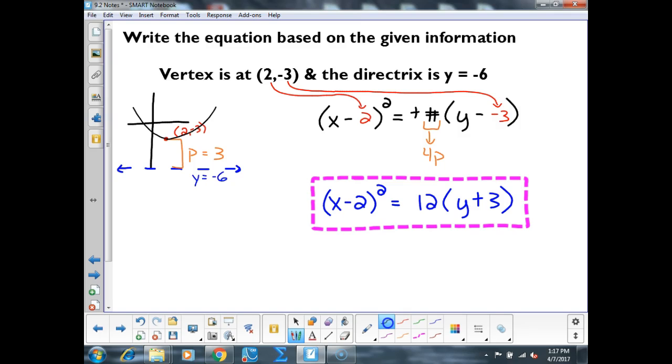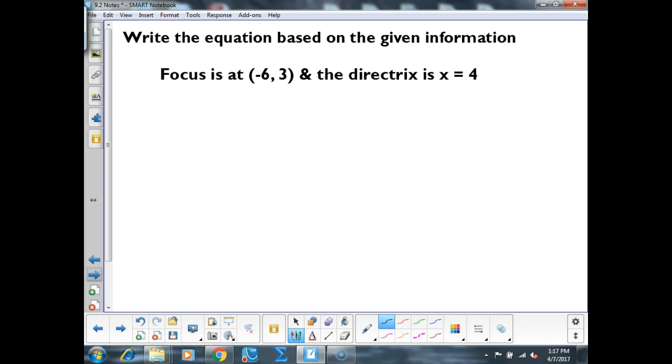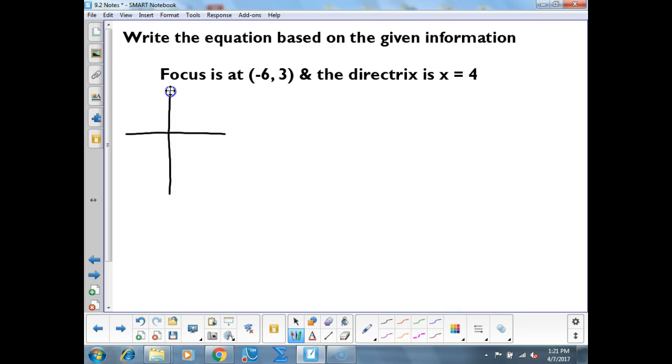Good? All right. Let's try that one. All right, so on this one, the focus, and in your sketch or on your graph, if you wanted to put F for focus, V for vertex, that's fine too, and then you can kind of see which one's which.